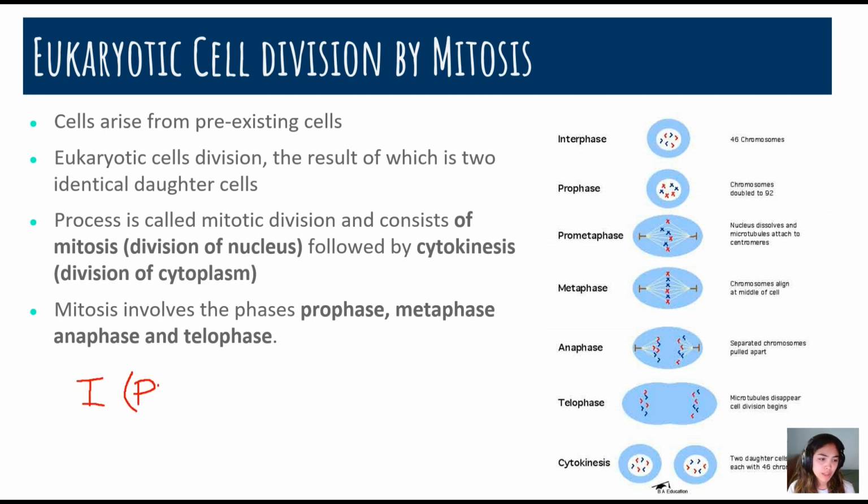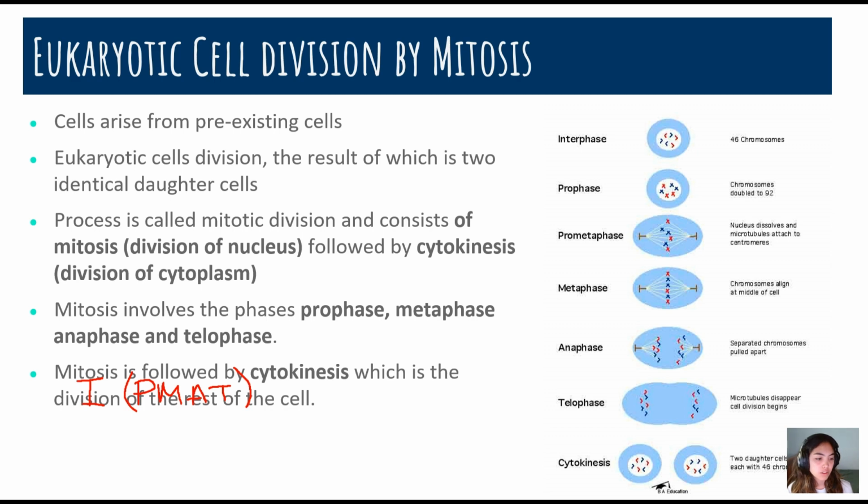So in brackets, P M A T. The I, the interphase, is on the outside because it's technically not a part of mitosis. So IP, PMAT, and the bit inside the brackets is what's involved in our mitotic division, as well as cytokinesis at the end.